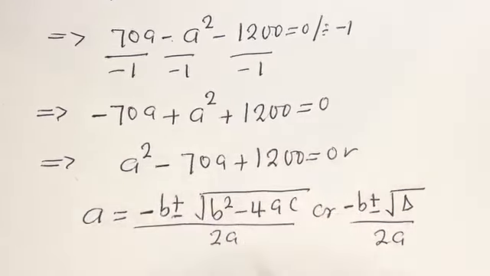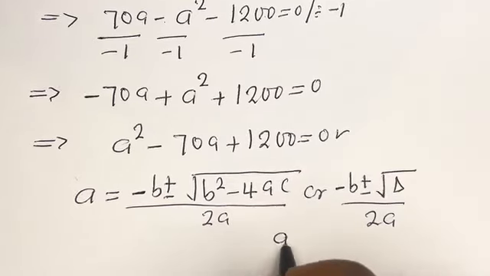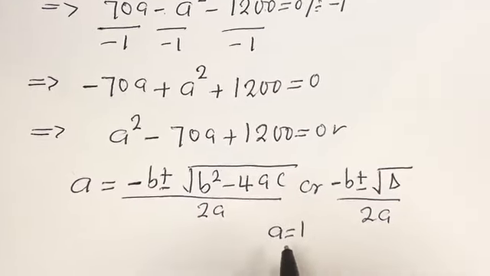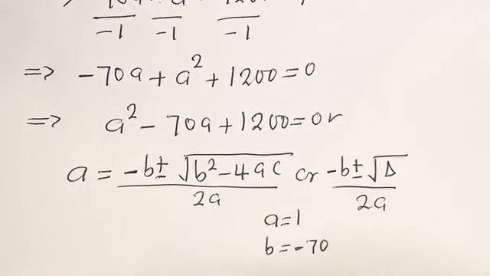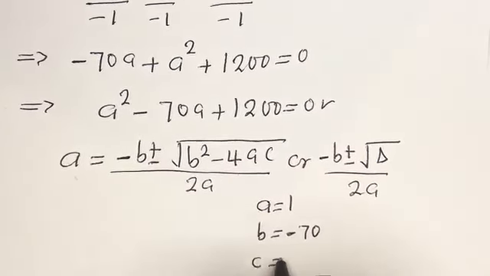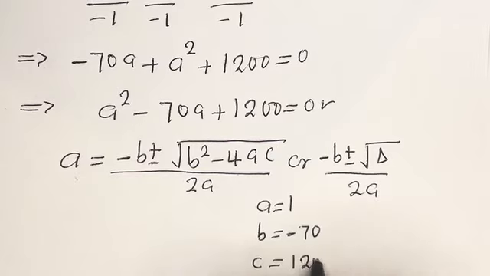Then from this equation, A is equal to 1, B is equal to minus 70, C is equal to 1200.